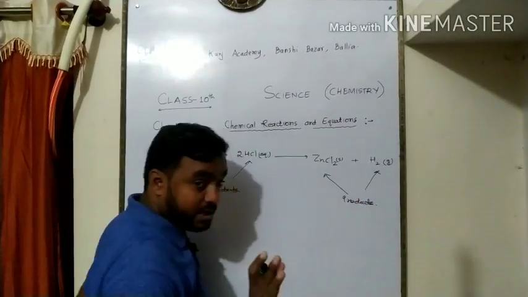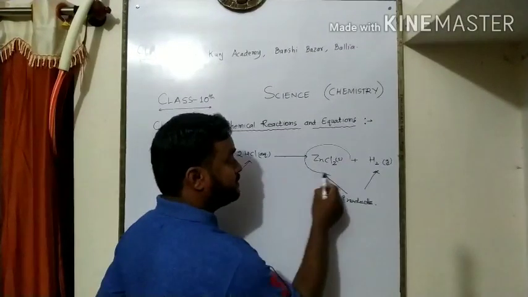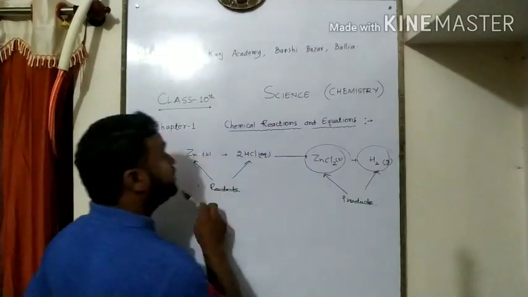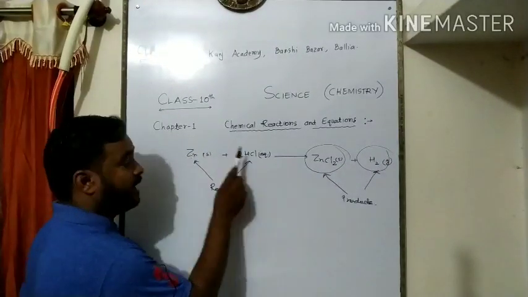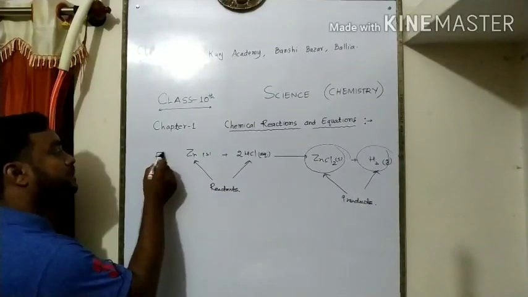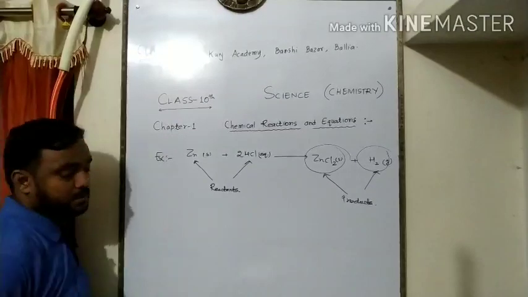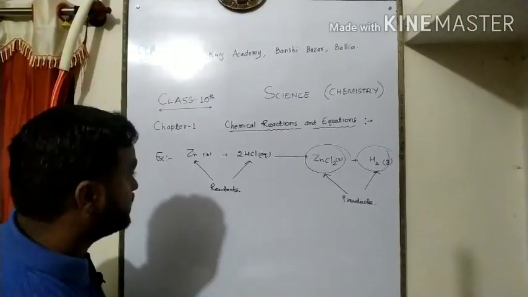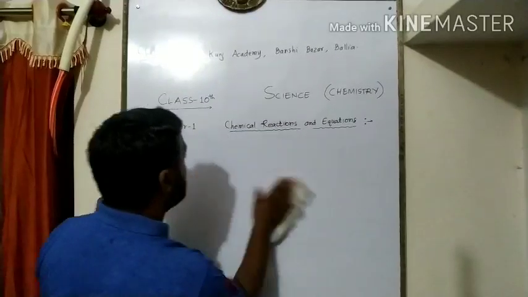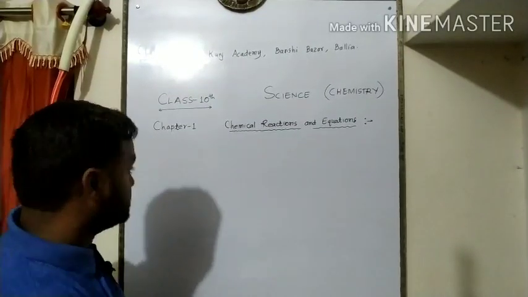Also, the properties of zinc chloride and hydrogen will be different from the properties of zinc and hydrogen chloride. So this is also an example of a chemical reaction. Let me take another example to get more clarity on what chemical reactions are.